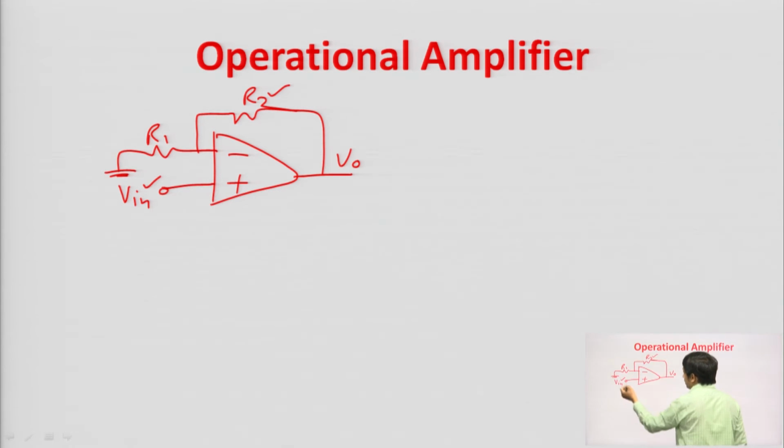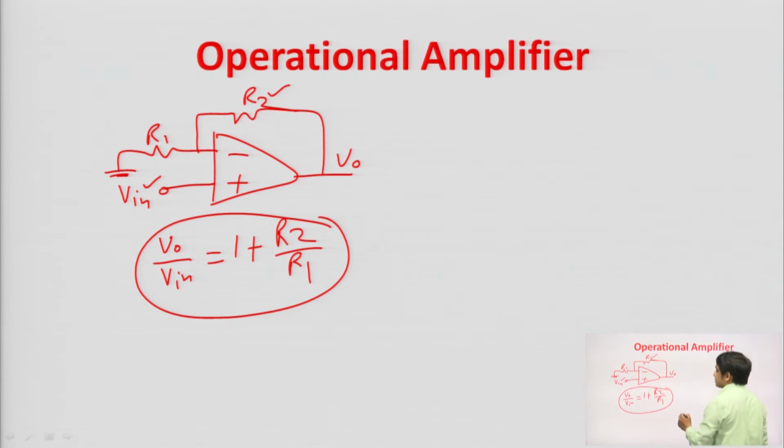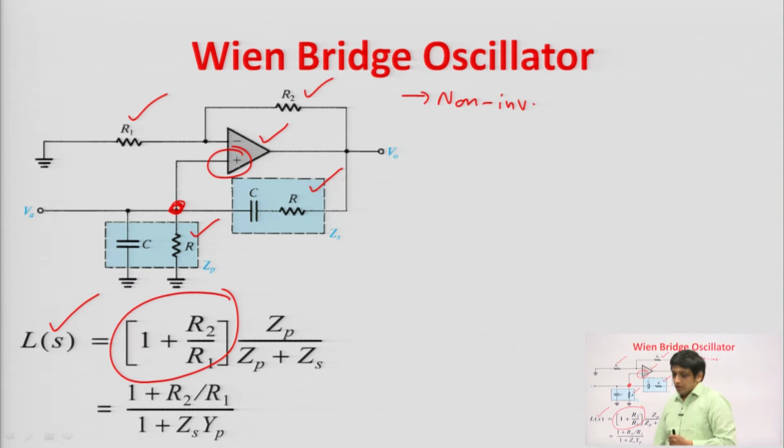When we calculate the gain of this non-inverting amplifier, we get 1 plus R2 by R1. You will do this derivation in the last unit. At this moment just use this expression 1 plus R2 by R1, and obviously the gain is positive because it is a non-inverting amplifier.